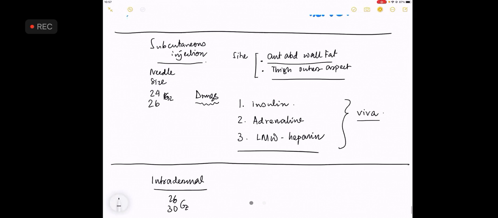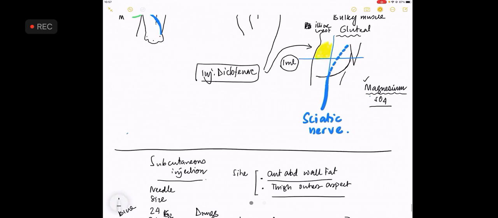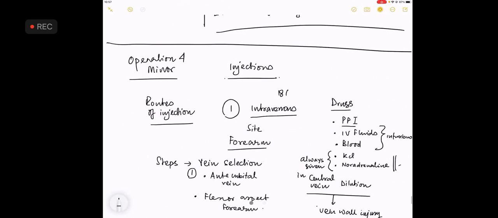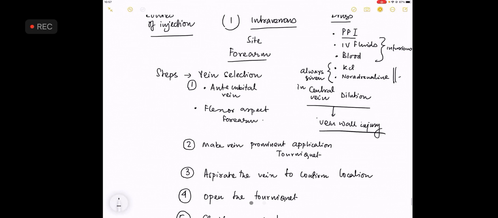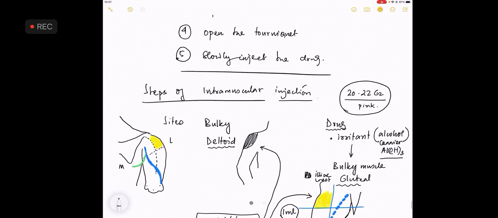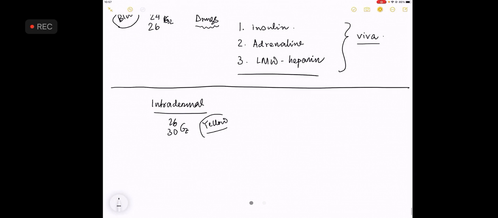This is a blue colored needle. This is a yellow colored needle. And this one is 18 gauge, which is a green colored needle. So green colored needle for IV. Intramuscular is pink, subcutaneous is blue, and intradermal is yellow.